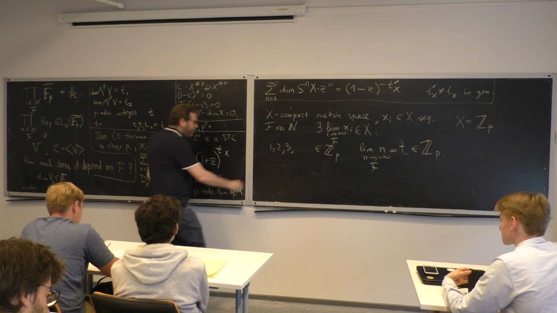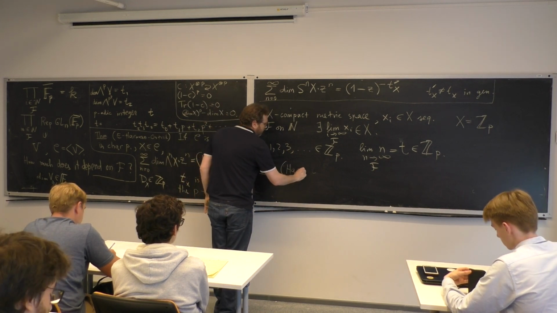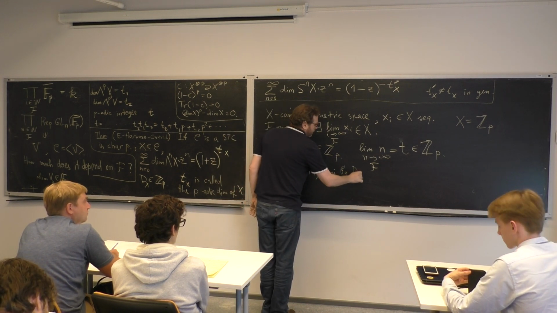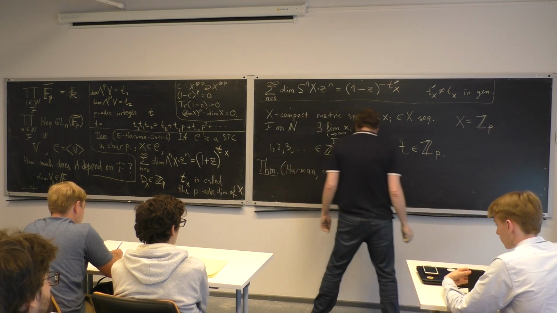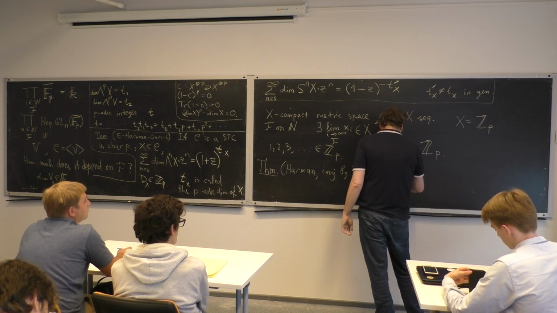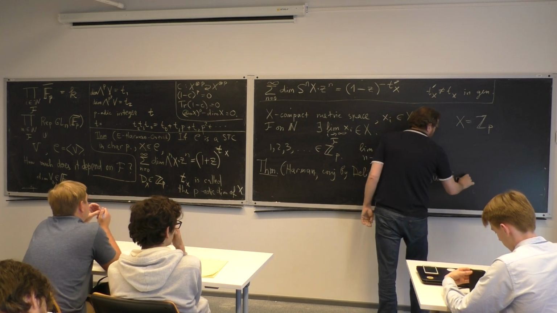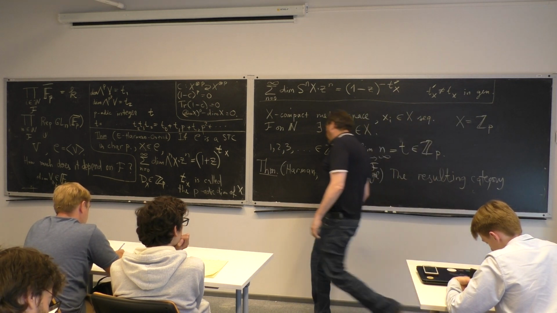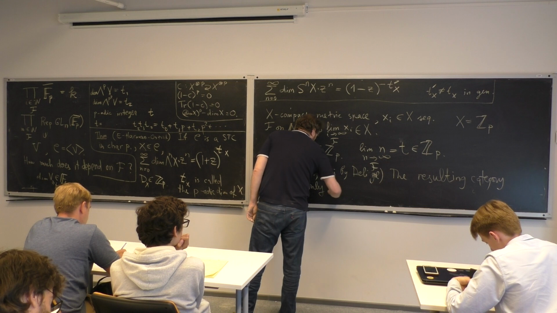And the theorem of Harman, which was conjectured by Deligne in his letter to Ostrik, is that the resulting category depends only on this t.